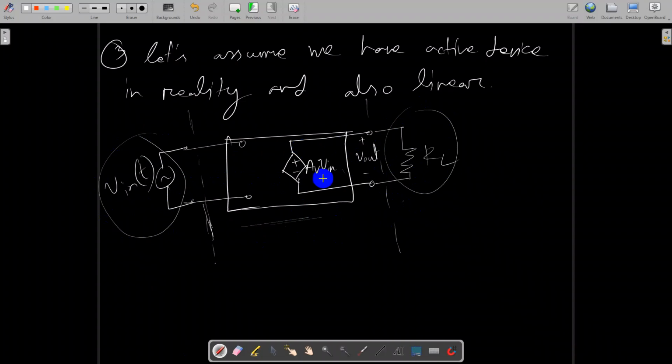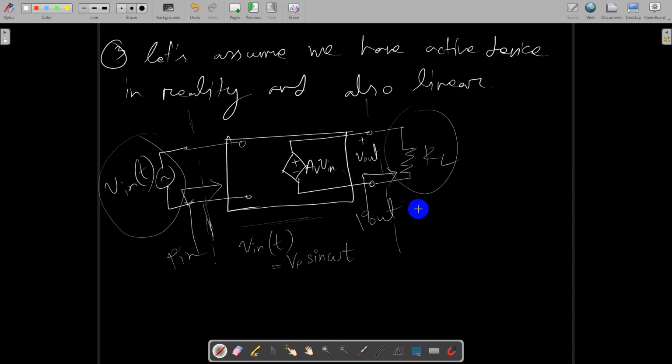And as this is ideal, this is not loading. Now from outside to inside, this is input, P_in. From inside to outside, we see the power delivered, P_out. What is V_in here? V_in(t) is nothing but Vp sin(omega t).